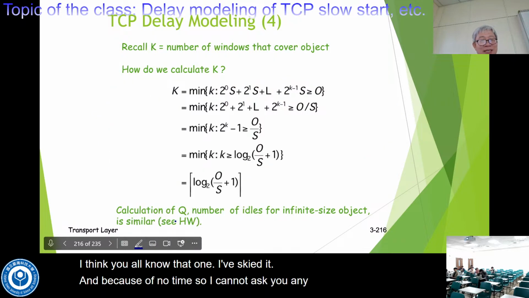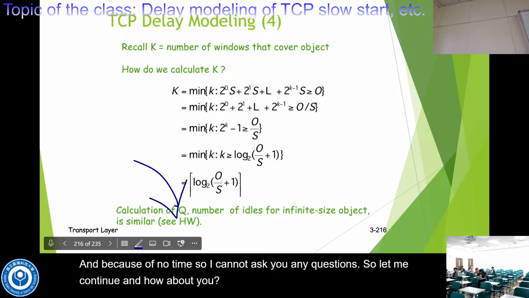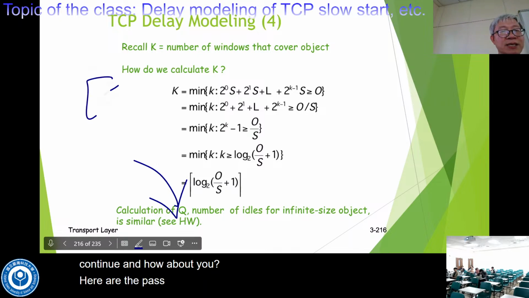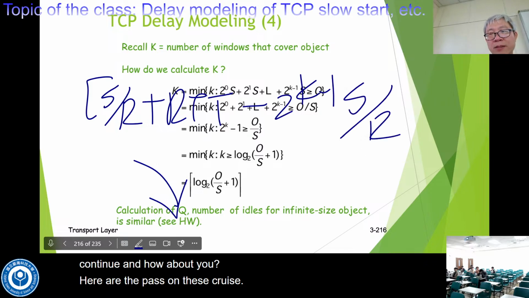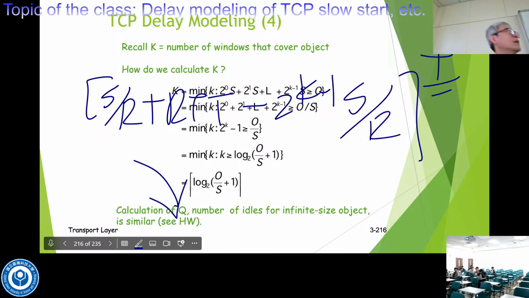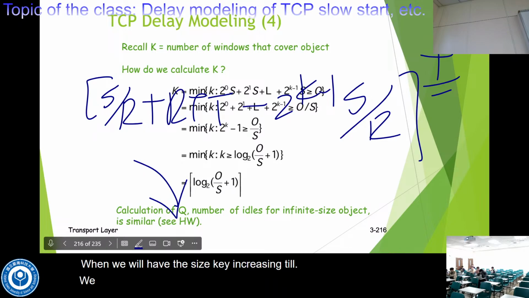So let me continue. And how about Q? Q is actually based on these clues. When the size k increases until we have a negative value, we don't want that negative value.